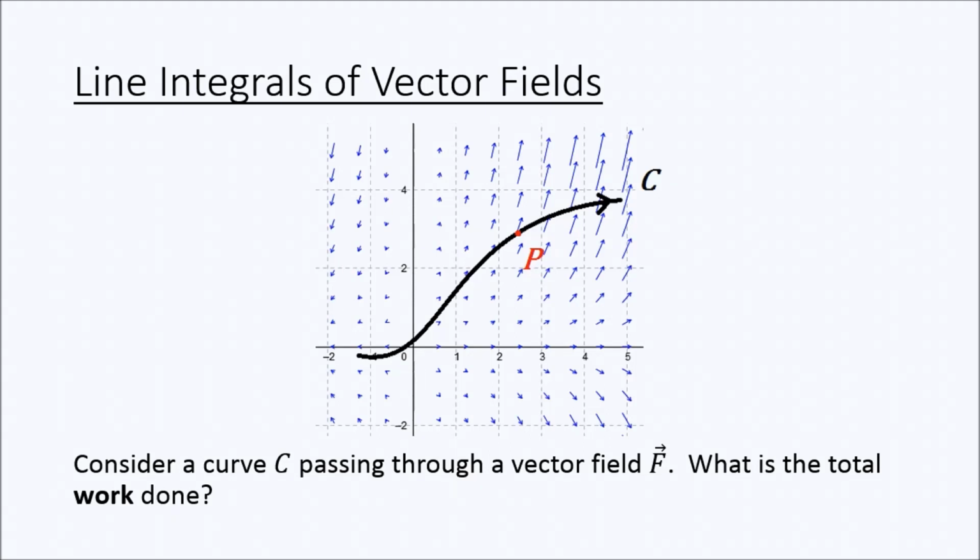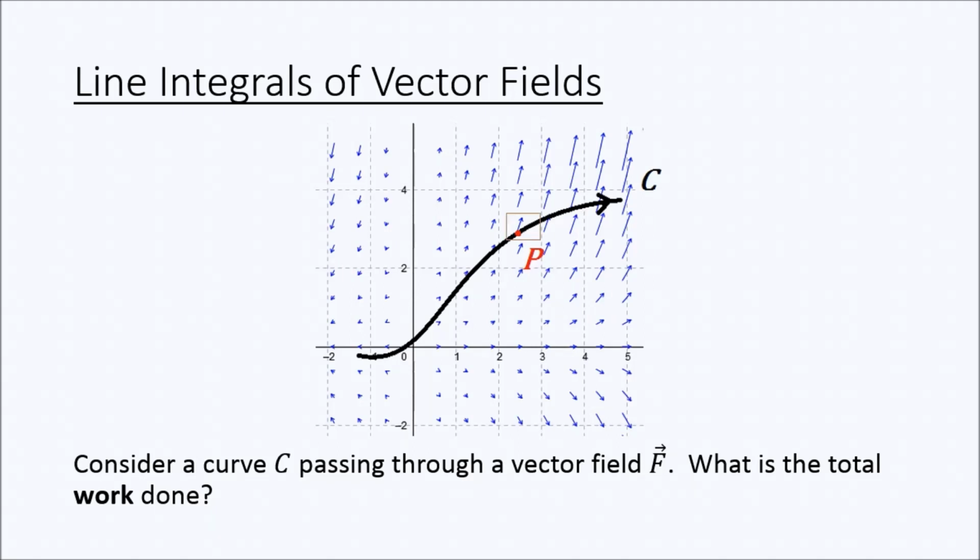So again, remember that vector field is going to apply a force at every single ordered pair in the plane, which means it's going to apply a force at every single point on this curve. And I want to figure out, as I travel from point A to point B, what is going to be the total work done on the force field over that distance, over that arc length of my curve.